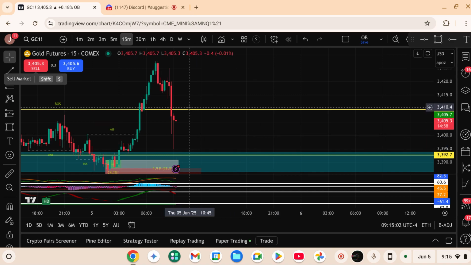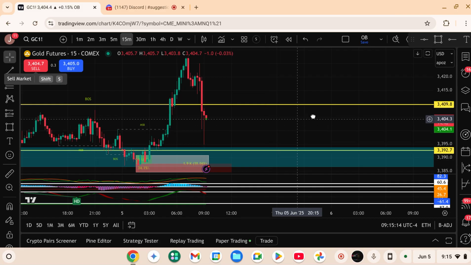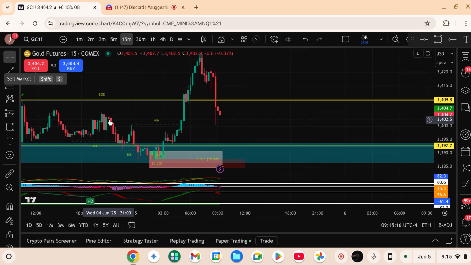Okay, so that didn't close the way I wanted it to close. This is still somewhat bullish, but I wanted it to look more like this candle here. See how this got most of the body? It's at the tip of it.